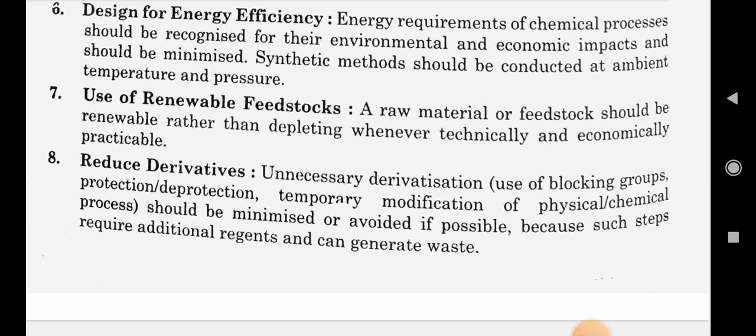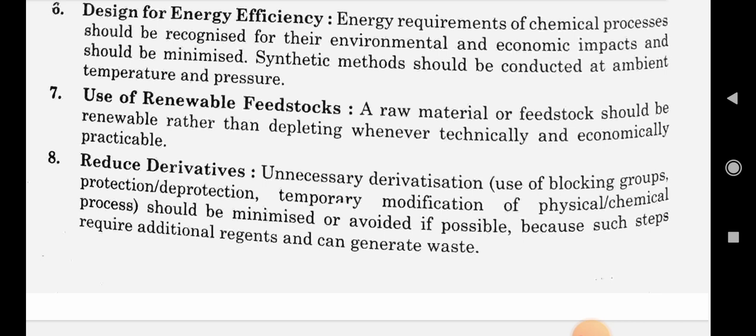Synthetic methods should be conducted at ambient temperature and pressure. Number 7, Use of renewable feedstocks. Raw materials or feedstock should be renewable rather than depleting whenever technically and economically practicable.